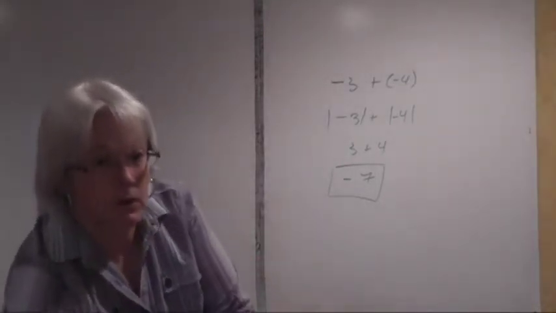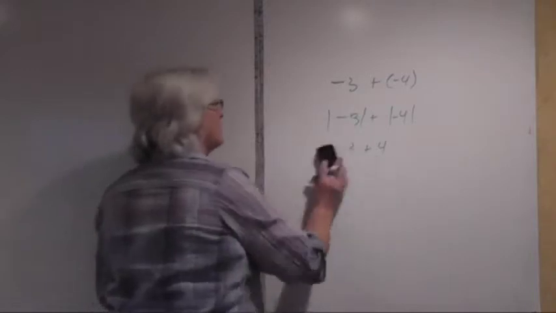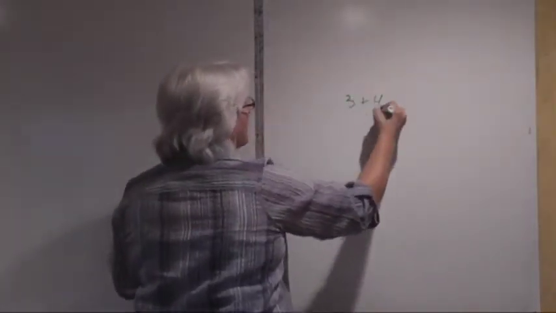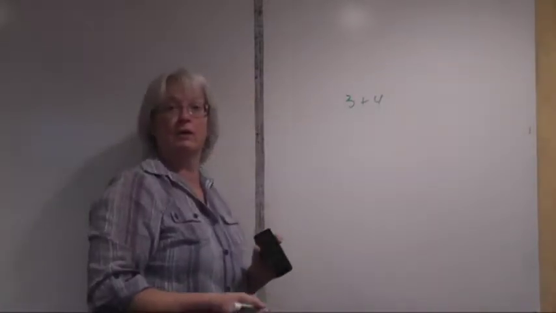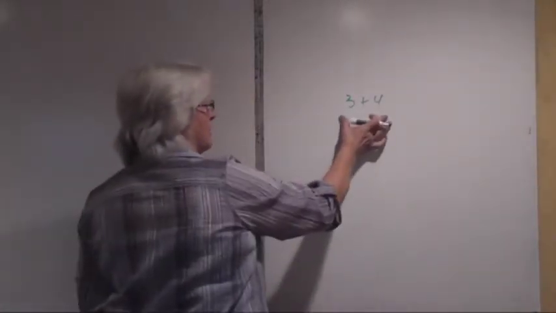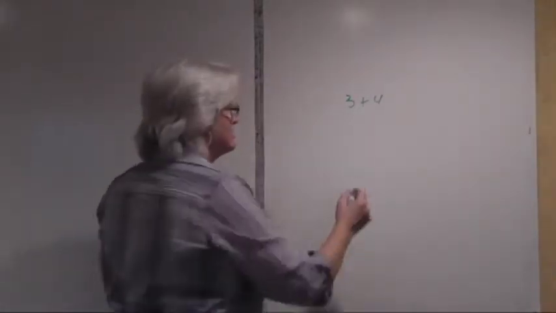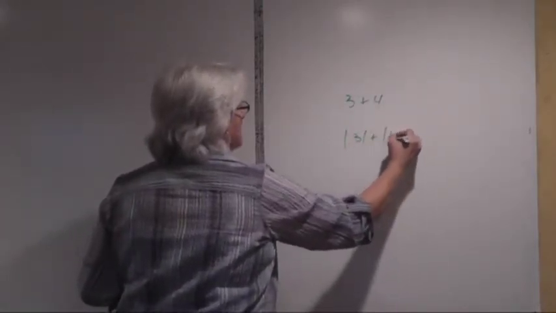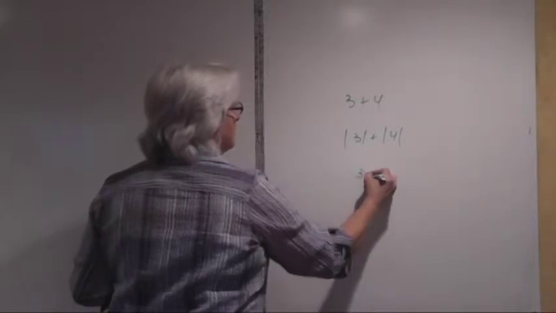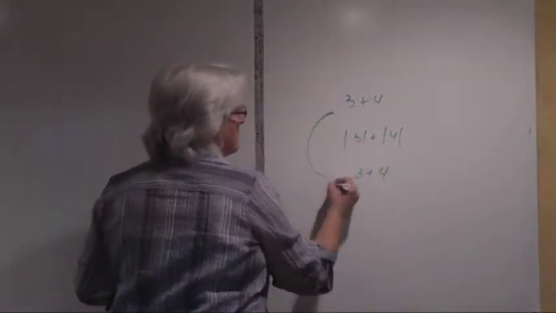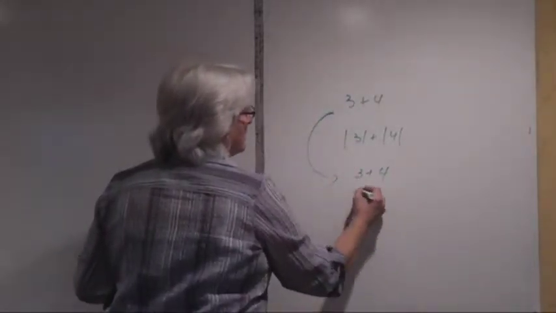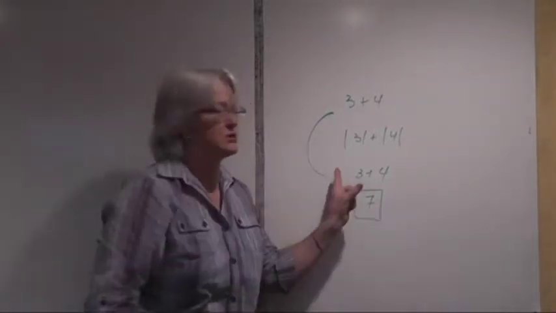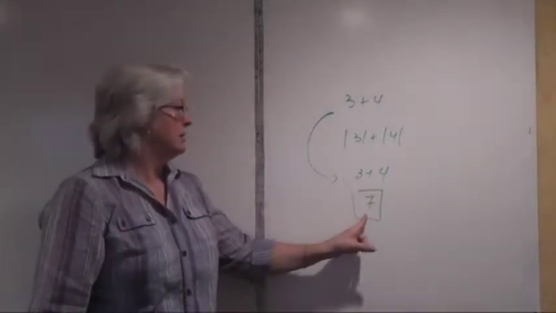And that same method of addition works for the addition of two positive numbers. You already know that 3 plus 4 is 7, but because these are integers, you can think of that as the absolute value of 3 plus the absolute value of 4, which gets us right back to 3 plus 4, 7.